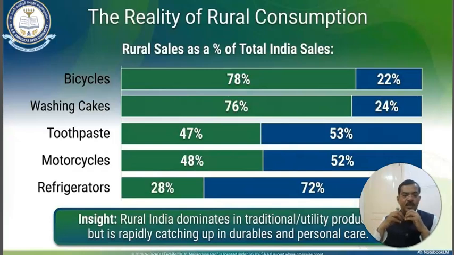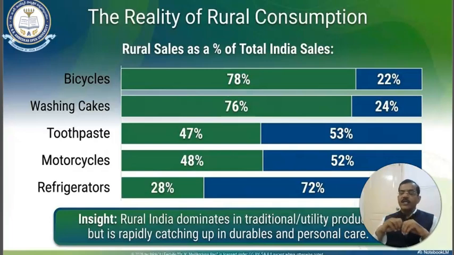The washing cakes is 76%, and whereas urban is only 22 and 24%. The toothpaste, the rural market is 47% and 53% of urban. The motorcycle, it is very close, 48% and 52%. And refrigerators is 28% and urban is 72%.